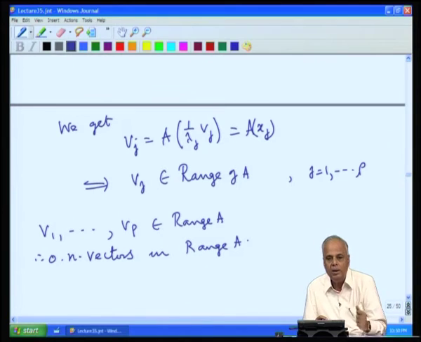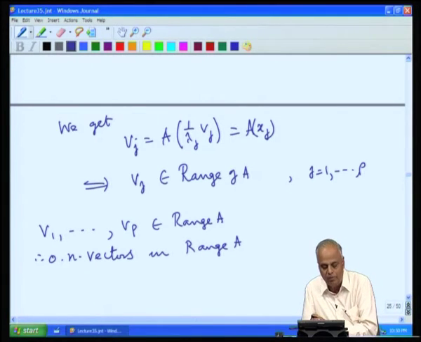But what is the range of A? The rank is rho, and therefore the dimension of the range of A is rho, and we have found rho orthonormal eigenvectors in that space of dimension rho.